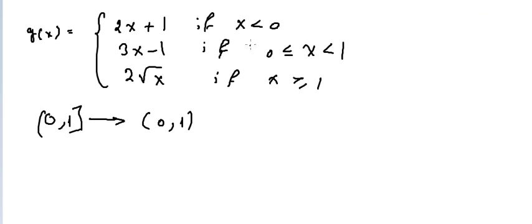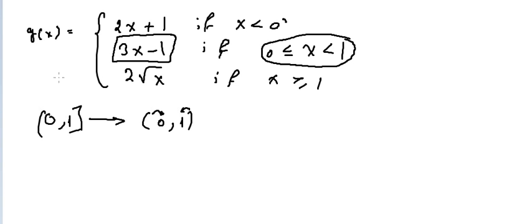As you can see, on (0, 1), from 0 plus to 1 minus, open interval, this is 0, this is 0 plus, and this is 1 minus, right? That's it. So it's only 3x minus 1, and 3x minus 1 is a polynomial function, so yes, it is continuous on the open interval (0, 1).